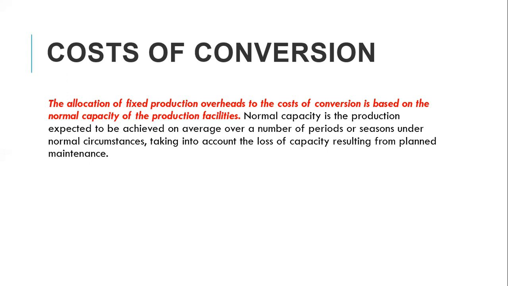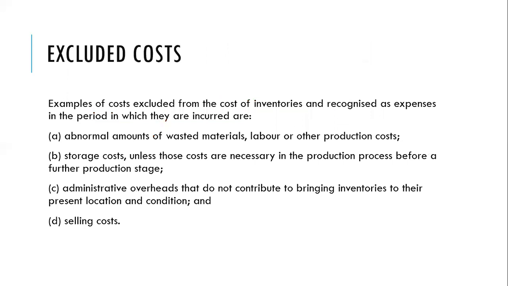The normal capacity is the production expected to be achieved on average over a number of periods or seasons under normal circumstances, taking into account the loss of capacity resulting from planned maintenance. So your capacity on a day that everything goes right is the basis you use for allocating your fixed production overhead.